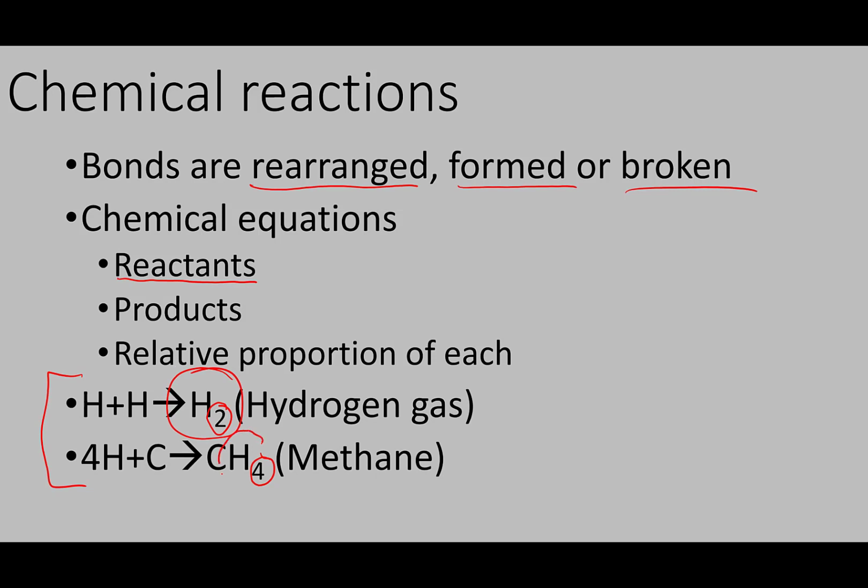Here we have 4 hydrogens chemically joined together with a carbon. That's what we drew with our nonpolar covalent bond. Number to the left, how many of it there are. Number to the bottom right, how many are joined together chemically.